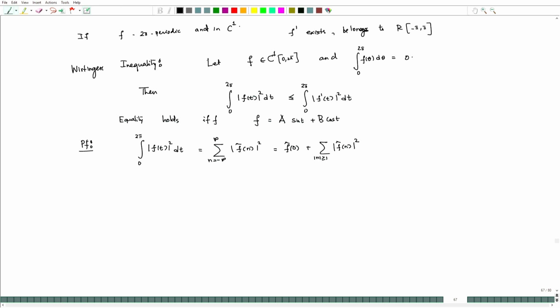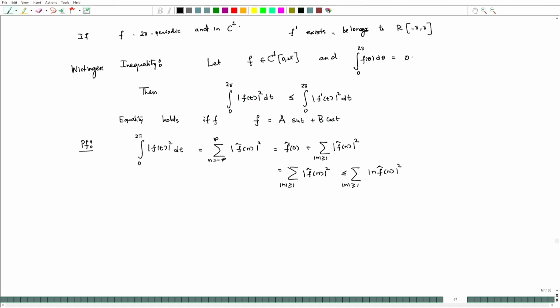Now f hat of 0 is 0. So this is nothing but the sum over mod n greater or equal to 1 of mod f hat of n square, which is less than or equal to, as mod n is always greater or equal to 1, the sum over mod n greater or equal to 1 of n times f hat of n, squared.